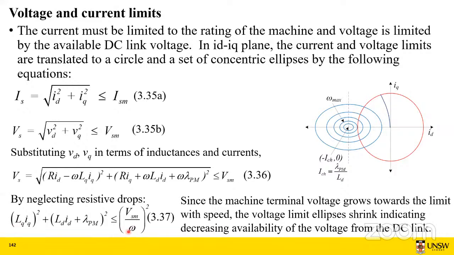In fact, as the speed increases, the available voltage in your system reduces. So that's why the ellipse for different speeds becomes smaller and smaller. As the speed increases, the voltage limit shrinks because the available voltage starts to be insufficient as the speed increases.